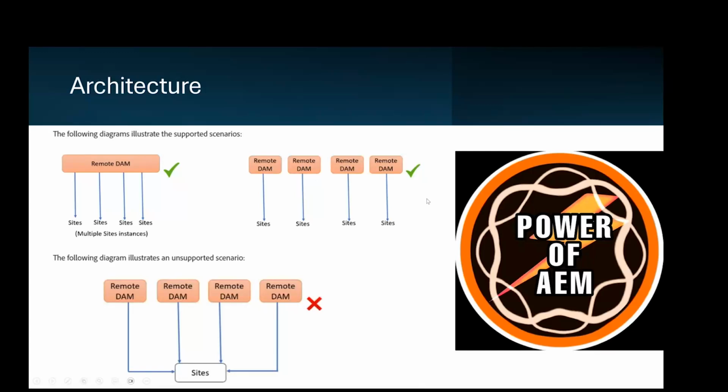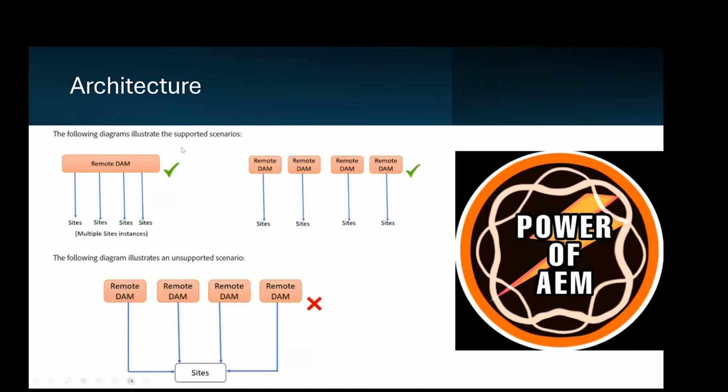Same for other AEM and asset instances. But when we are discussing one-on-one mapping, a website cannot utilize the assets which are available on any other remote DAM environment. So this is one of the possible architectures.